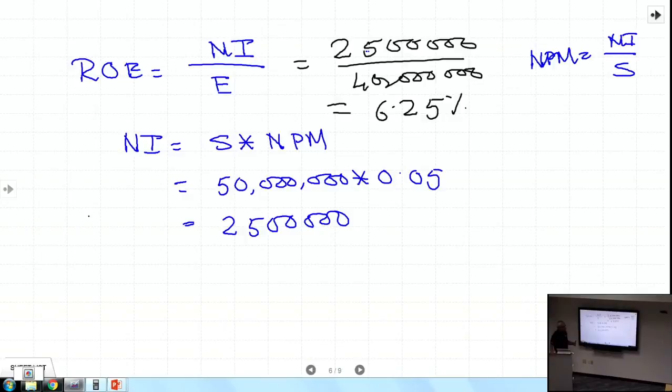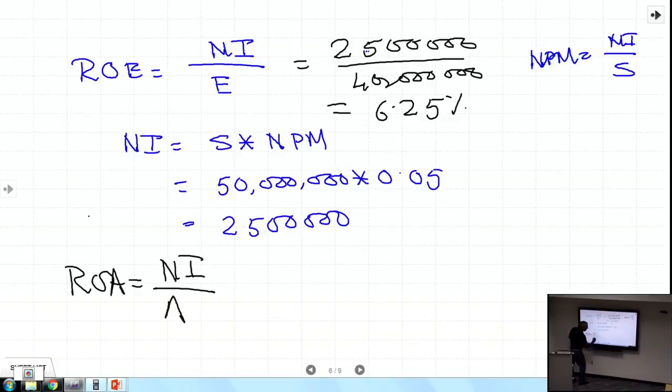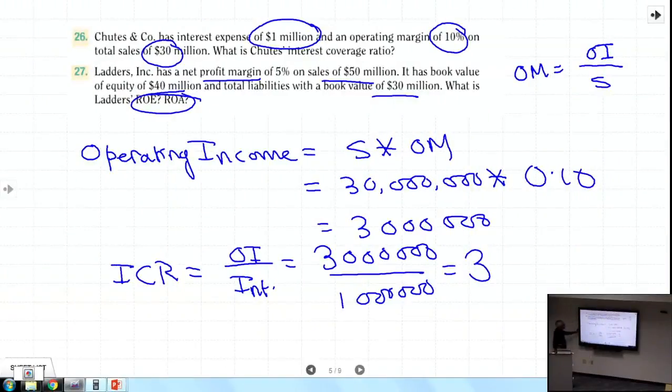Similarly, I can do ROA. Return on assets is net income over assets. What information do we have for assets? We have liability is 30 and equity is 40. So what is asset?